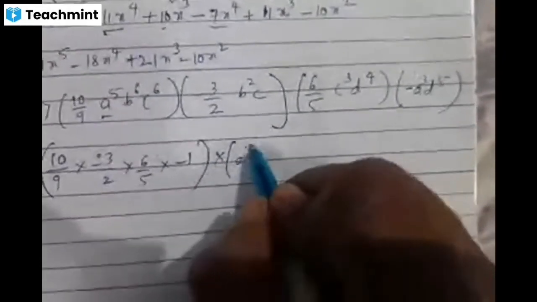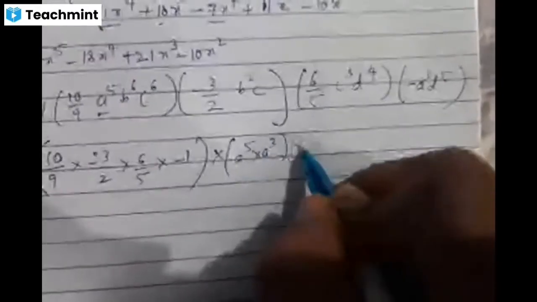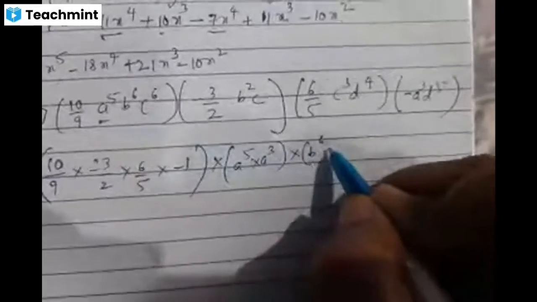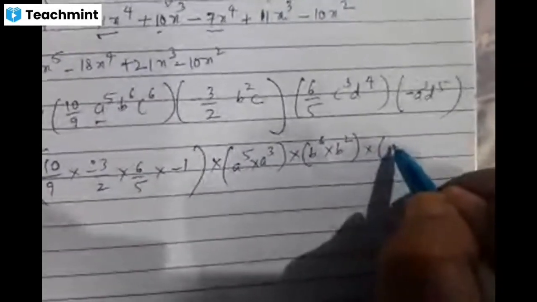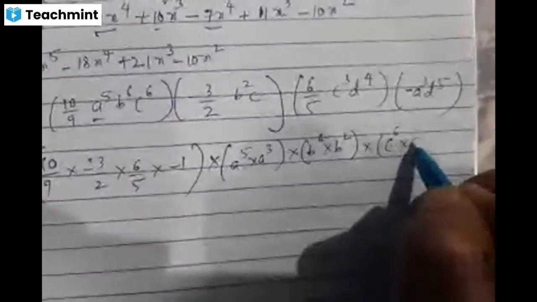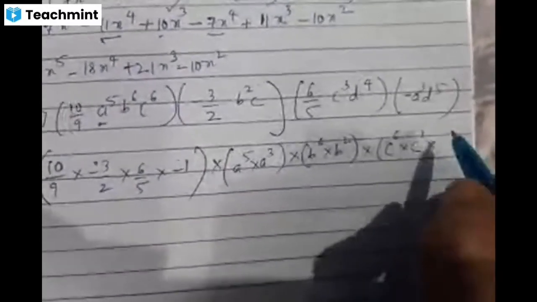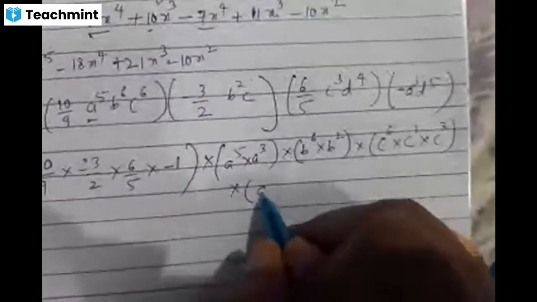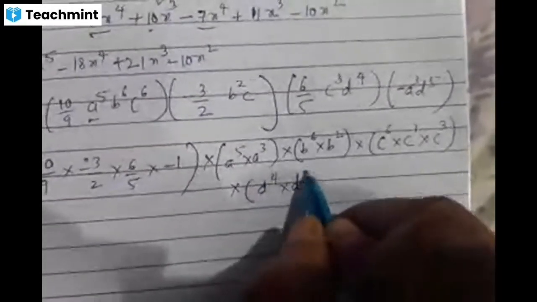A is a to the power of 5. Here you have one more a to the power of 3. Then b. Group all the b terms, b to the power of 6, b to the power of 2, into all the c terms, c to the power of 6, into c, c means c to the power of 1, c to the power of 3. All d terms, d to the power of 4 into d to the power of 5.